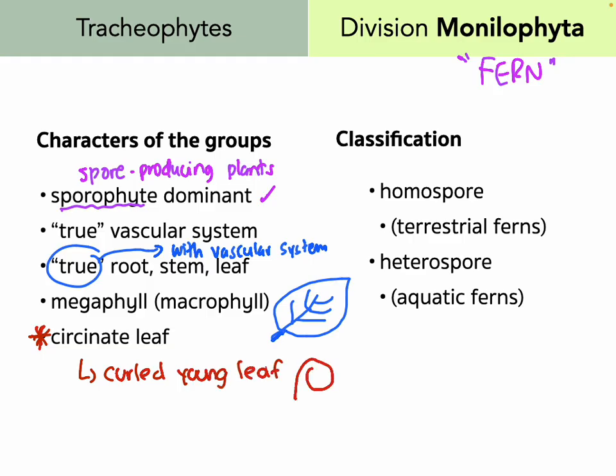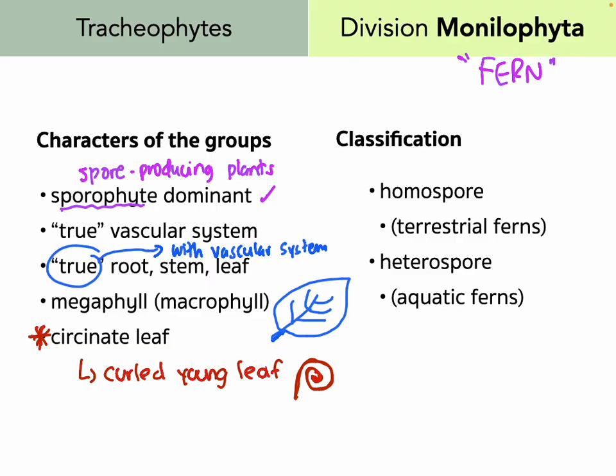The young leaf looks like it's curling like that. We'll see a picture of that very soon. So if you forget anything else, look for young leaf, and if you see circinate leaf, fern, circinate leaf, fern, always. So this is what you're looking for in fern.